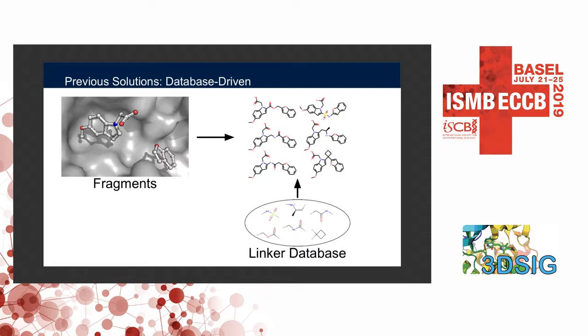And so there are a couple of inherent constraints here, right? If you're only filtering a predefined set of linkers, you can't suggest anything that's not in that set, and you can't explore any chemical space beyond that set. So if something in that linker database doesn't fit the specific example you're trying to solve, you're going to be unable to do so.